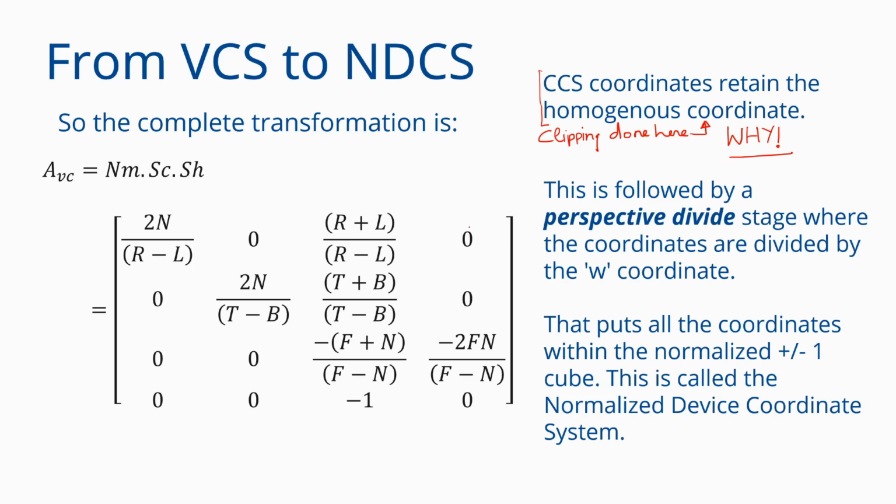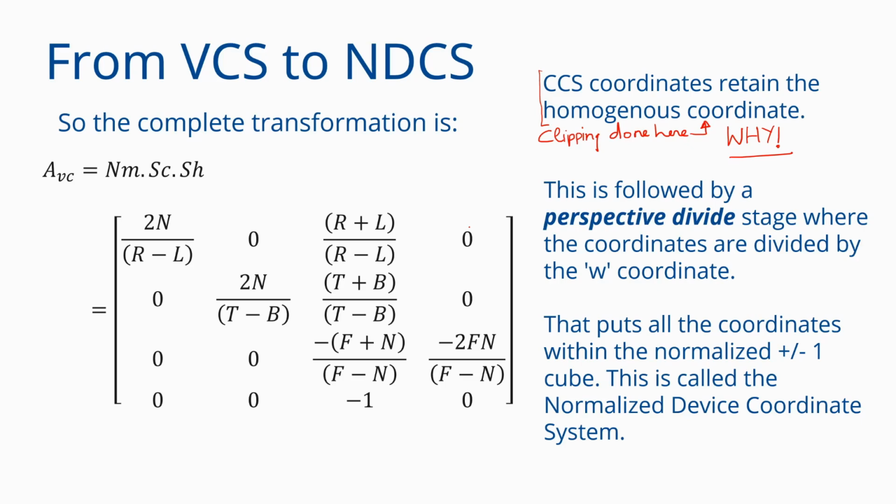So consider that there is a line segment, or maybe two or three line segments, that are a part of your world and exist partially inside the view frustum in VCS. When you transform the view frustum to the CCS canonical view frustum, these line segments will also get transformed.